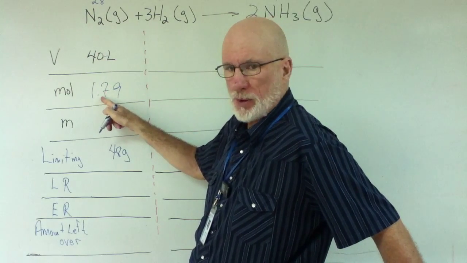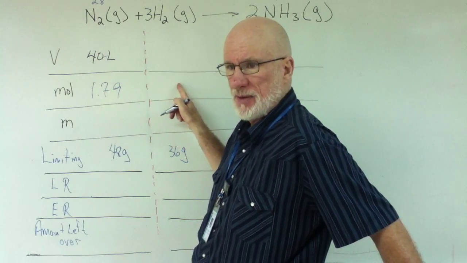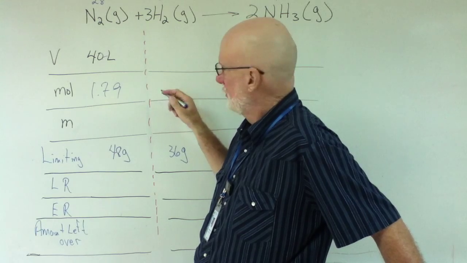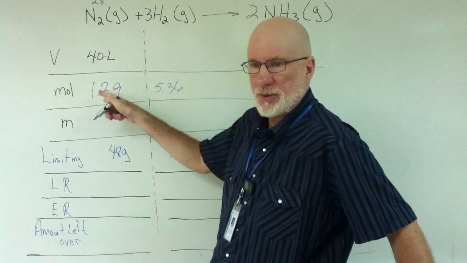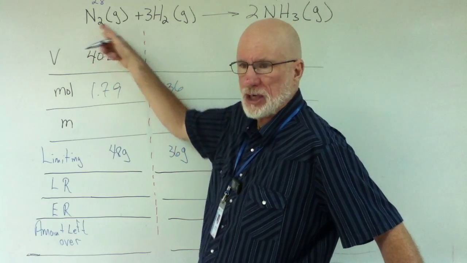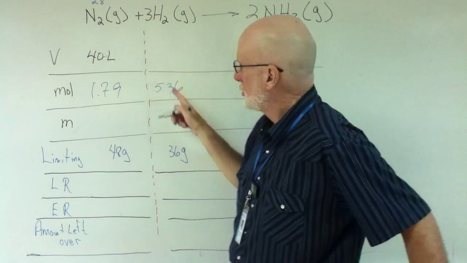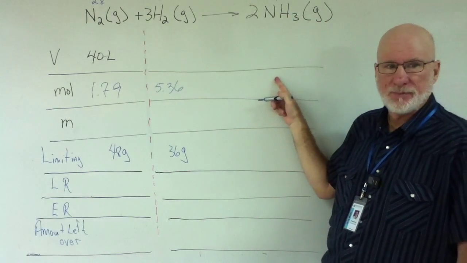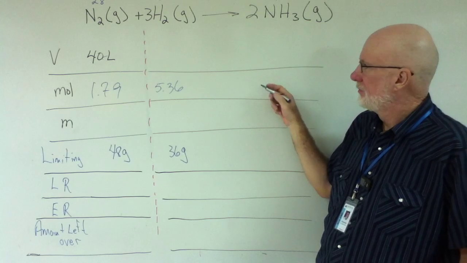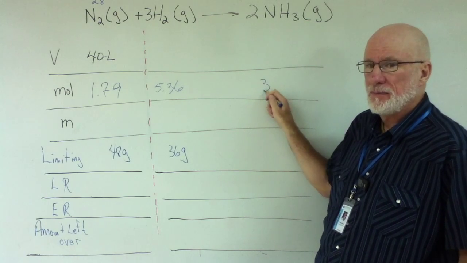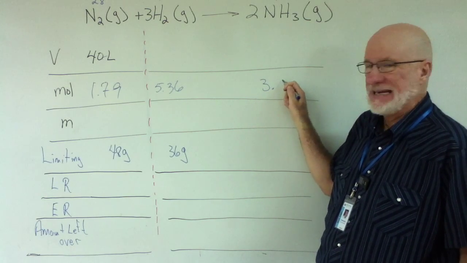So what would 1.79 be relative to this? 5.36? Yeah, because it's just 3 times this, right? It's just a mole ratio, isn't it? So what would this be? 3.58. Good.